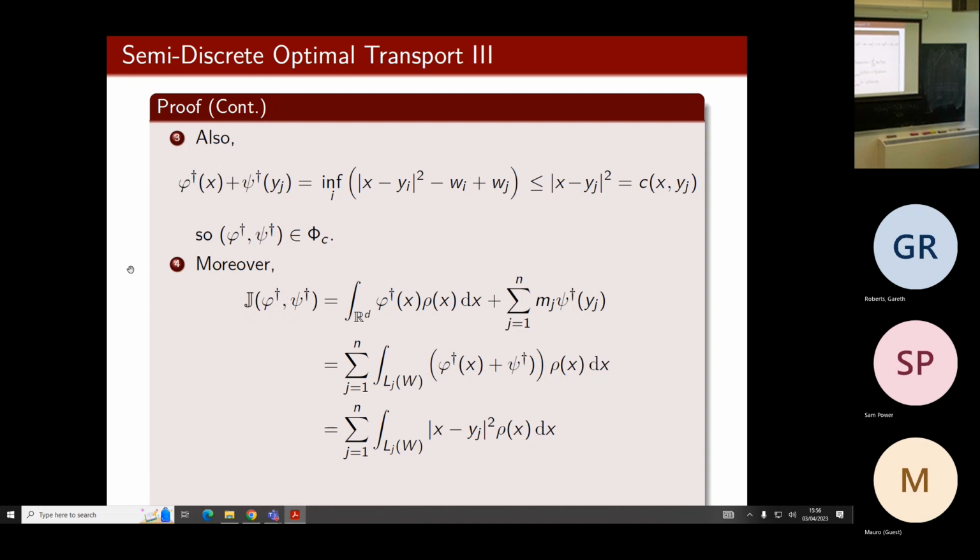All I've done here is break up this integral as the sum of the integrals over each Laguerre part, because each of these parts is okay up to the boundary. We have a density, so I can throw that away. And then I've used the fact that m_j is equal to the integral over. Right. Okay.